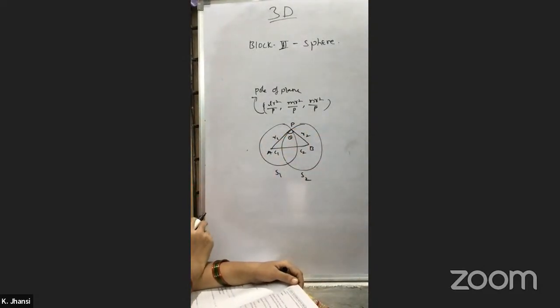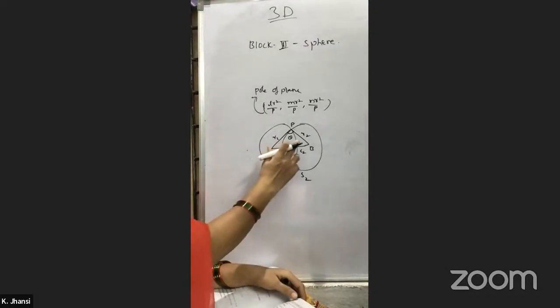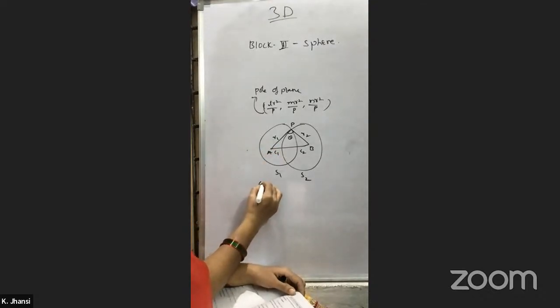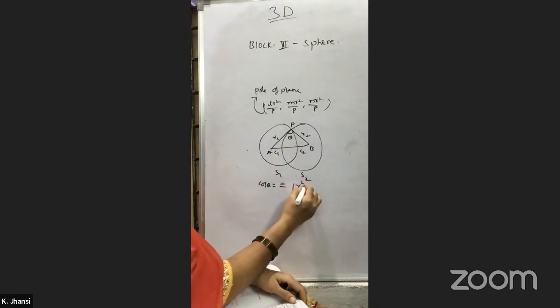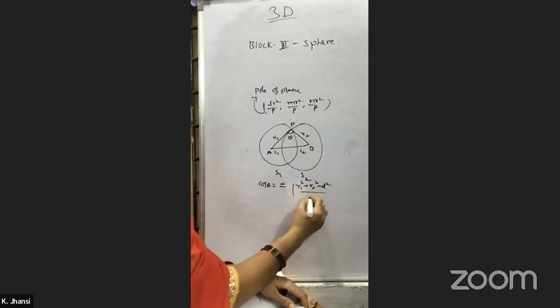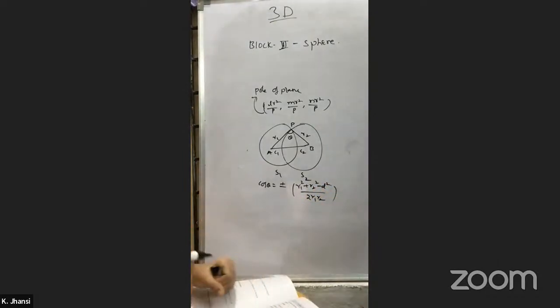When 2 spheres intersect, to find the angle between those 2 spheres, the formula is cos theta is equal to plus or minus, and then 2 R1 R2. You remember this formula; no need for the proof. Just if you know the formula, it's enough. Even in objective type you may get this.